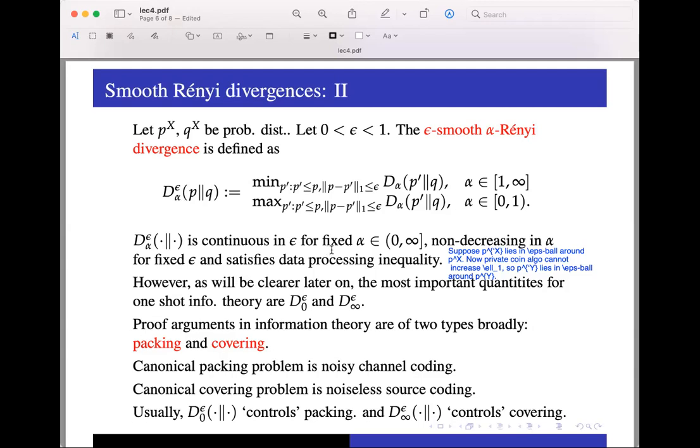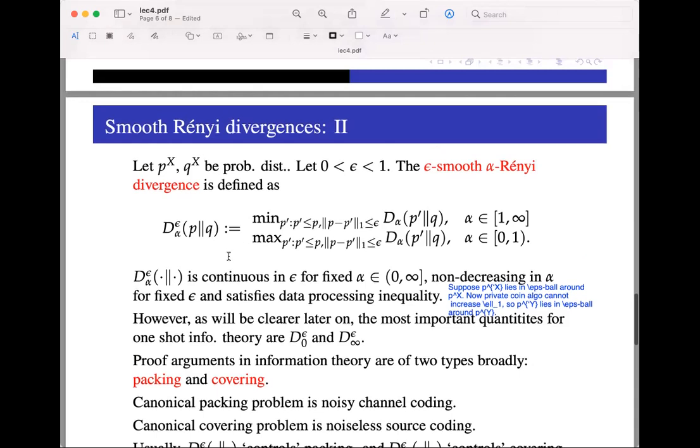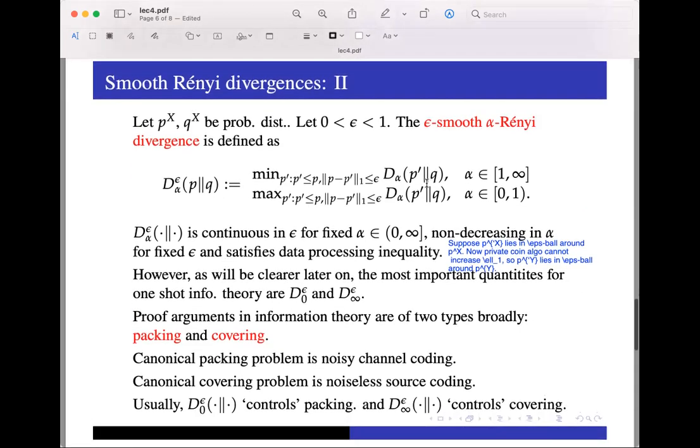Then d epsilon alpha is non-decreasing in alpha. In other words, it's increasing in alpha for fixed epsilon. So the way to see it, for example, let us say alpha is bigger than 1, and I take alpha less than beta. And the claim is d epsilon alpha is less than d epsilon beta. Why is that? Let us say I start off with d epsilon beta.